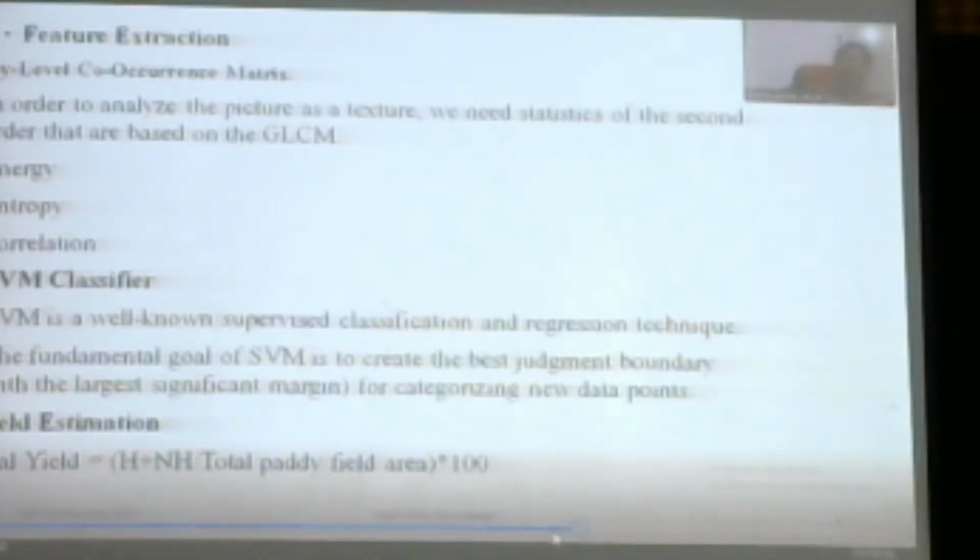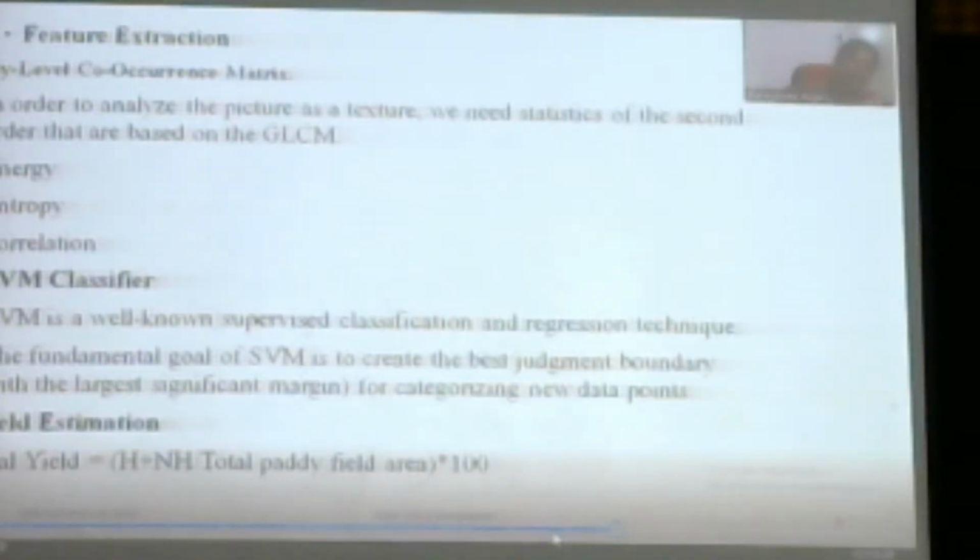After feature extraction, we go for the SVM classifier. SVM is a well-known supervised classification and regression technique. The fundamental goal of the SVM is to create the best decision boundary for categorizing the data points. Why do we go for the SVM classifier? We want the most straightforward decision boundary for categorizing data.